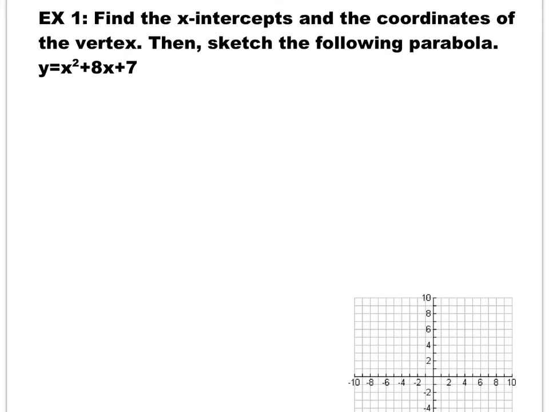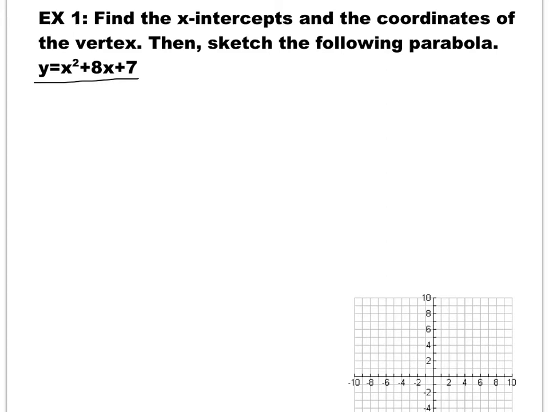The question is that if I have a quadratic like y equals x squared plus 8x plus 7, I have to find the x-intercepts, the vertex, and then plot the graph of this quadratic. First, this is a quadratic.